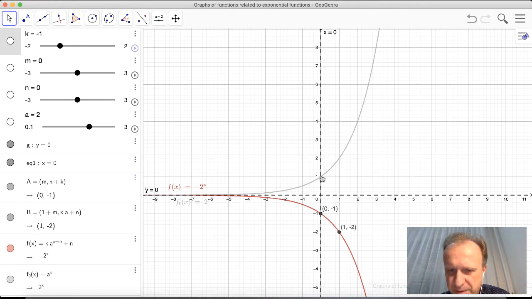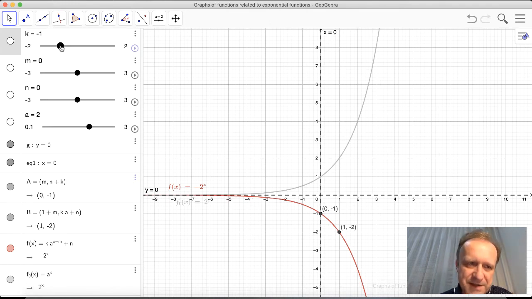This point here with coordinates 0 and 1 has the new coordinates of 0 and -1. So what happened? The vertical coordinate of the original point was multiplied by -1, and it becomes -1. This point had the vertical coordinate of 2, and when you multiply it by -1, you get the vertical coordinate of -2. So what happens when k is -1? The graph is reflected in the x-axis.